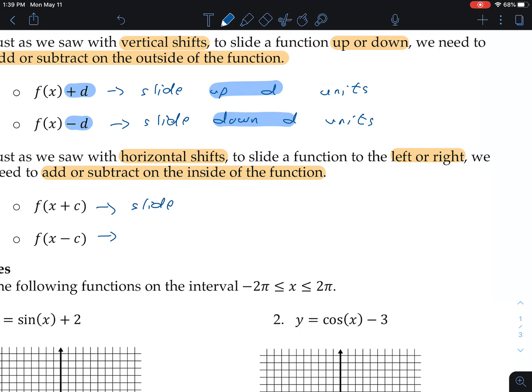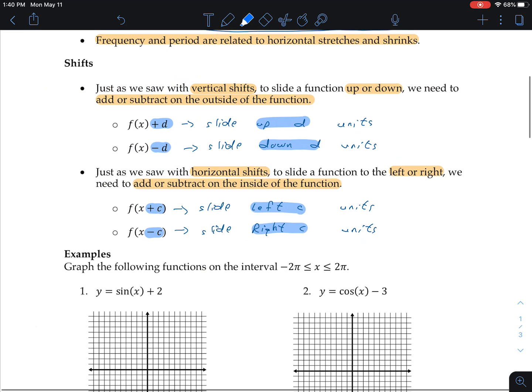So plus c would actually mean to the left c units, and then minus c would be sliding it to the right c units. Okay? And that was something we had seen in the beginning of the second trimester. And just to reiterate the rules that we know, they still apply here. These aren't different functions. These are just trig functions, so they follow the same rules.